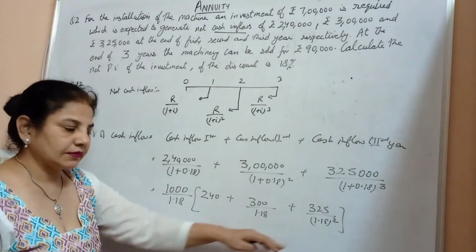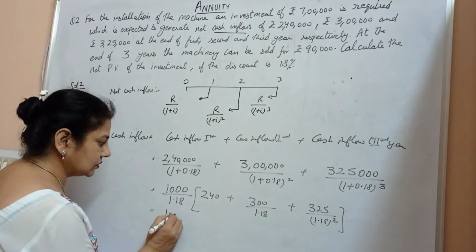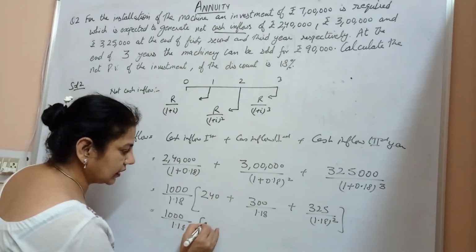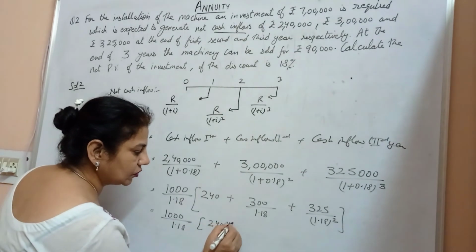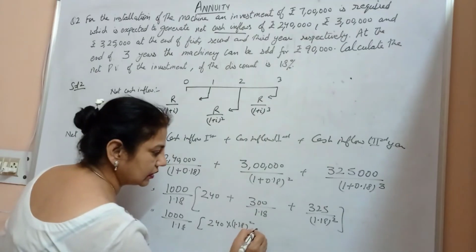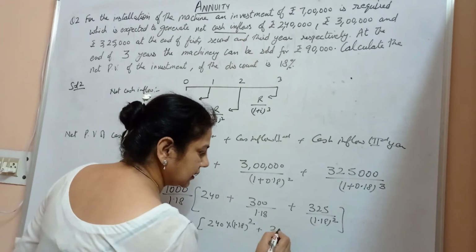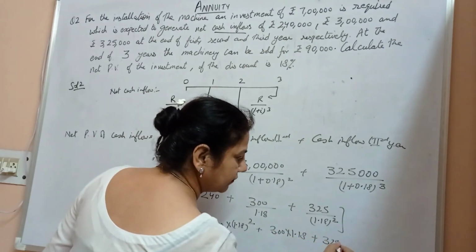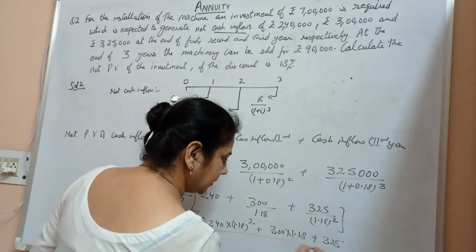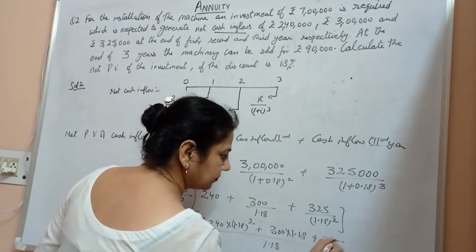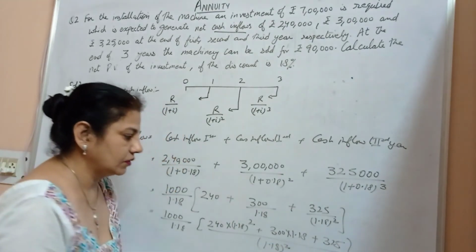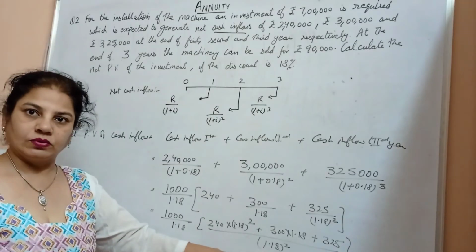Taking the LCM, what you will get is 1000 upon 1.18, into 240 into 1.18 whole square plus 300 into 1.18 plus 325, whole divided by 1.18 whole square.